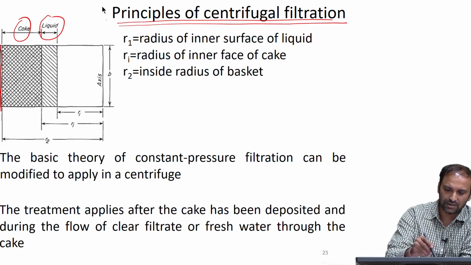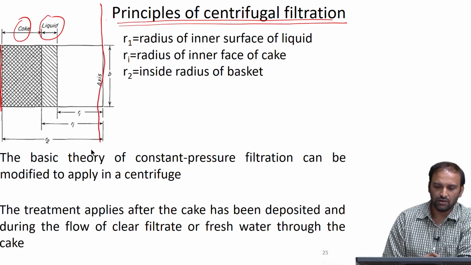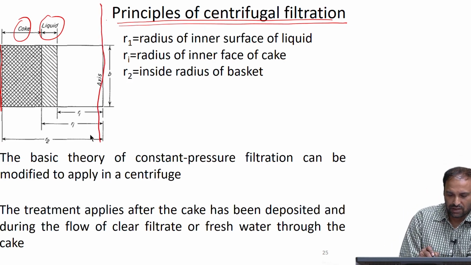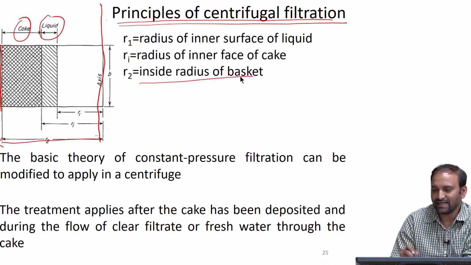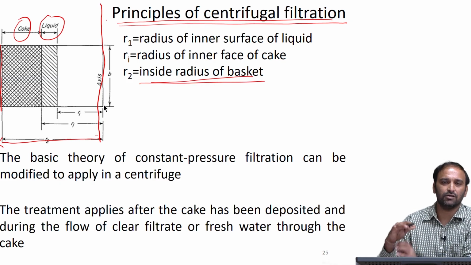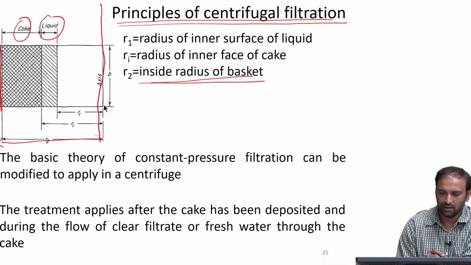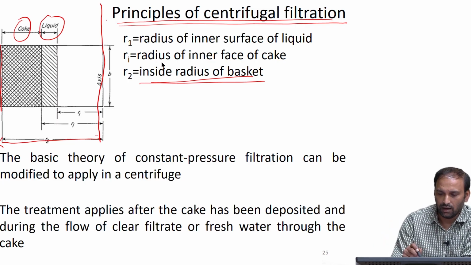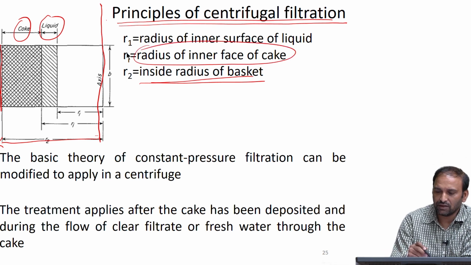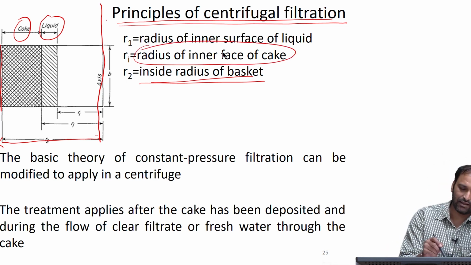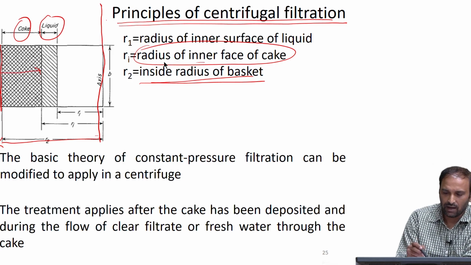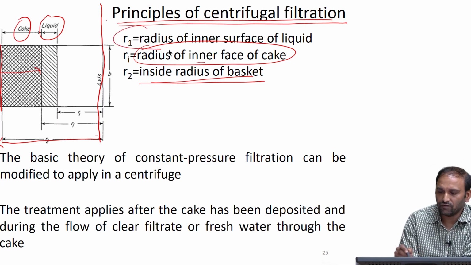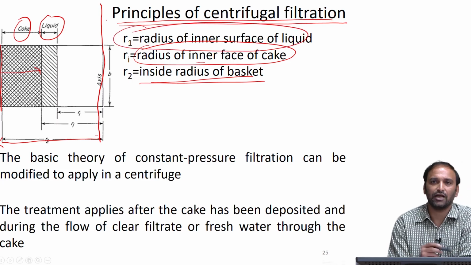If you think about this as the axis of rotation, R2 refers to the inside radius of the basket, or the drum that rotates, Ri refers to the radius of the inner face of the cake, that is, the cake is formed until this distance, and R1 is the radius of the inner surface of the liquid.